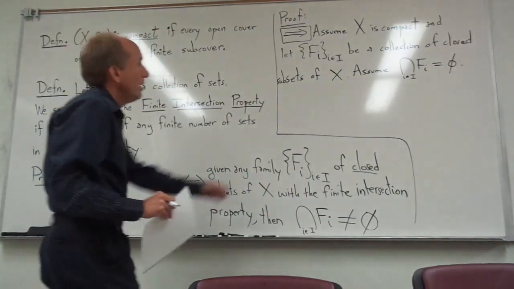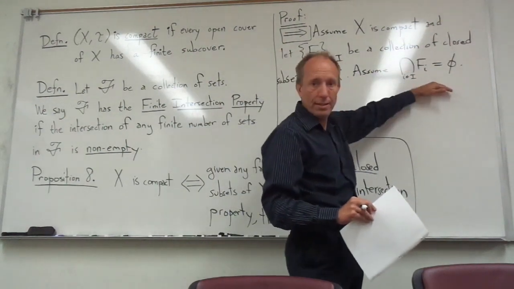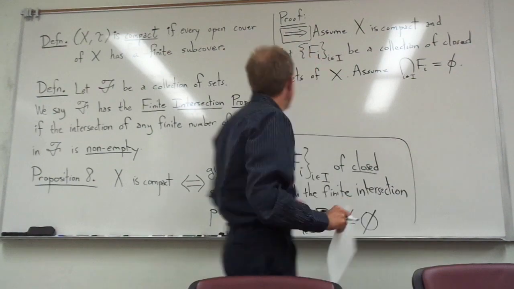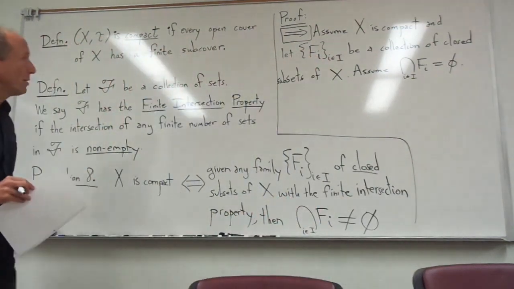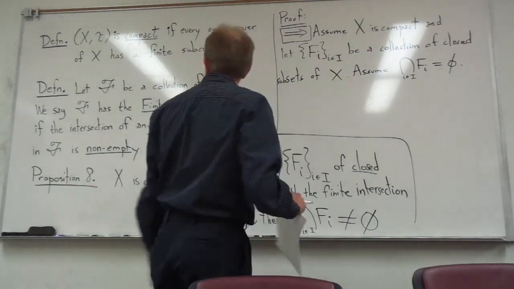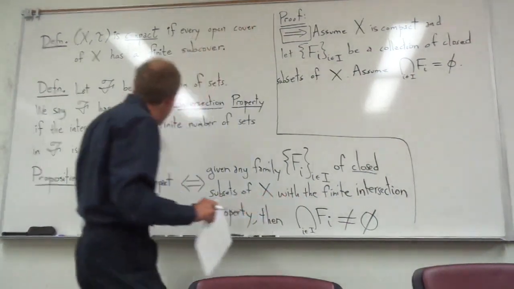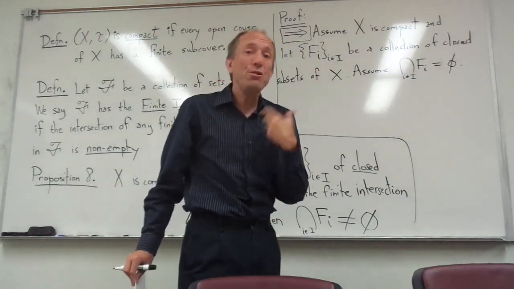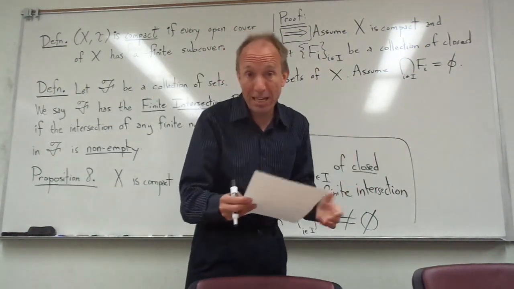In other words, if we assume that all of the sets intersect trivially, then I'm going to show that the collection of closed sets does not have the finite intersection property. In other words, we can find a finite number of these F_i whose intersection is already empty.